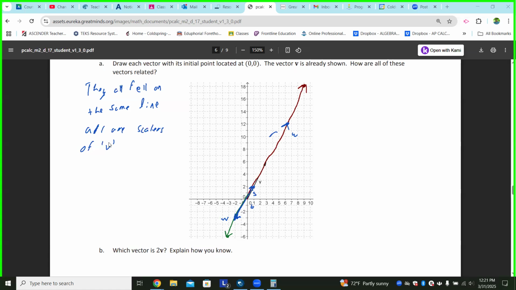So I can take V, multiply it by 3. I now have W. I can take V, multiply it by 2. I now have R. I can take V, multiply by -1. I now have W. U. Sorry. I got what I was saying.